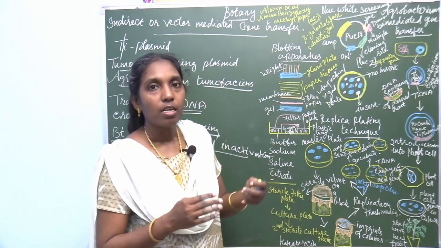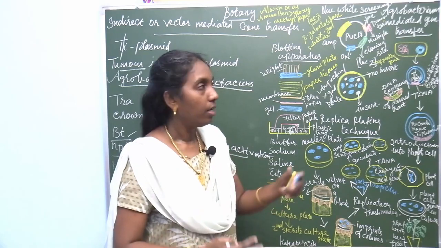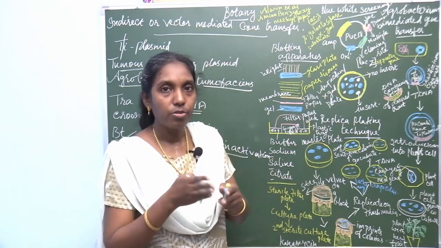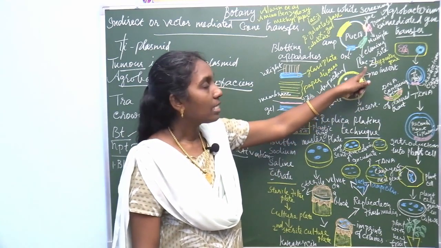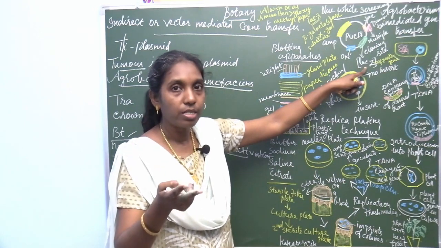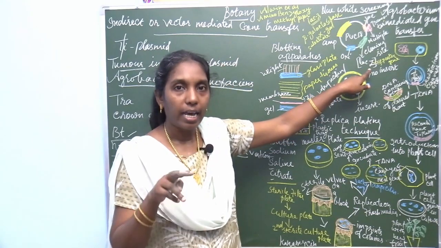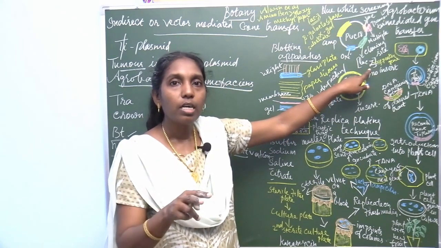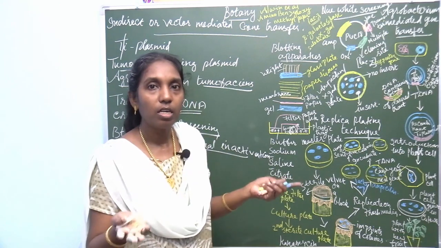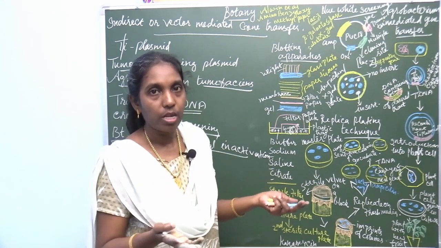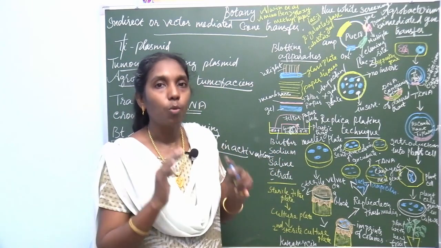As a result, blue and white colonies develop. How does it develop? When a foreign gene is introduced into it, any vector or any foreign gene introduced into the lacZ inactivates the activity of lacZ. When the lacZ gene is inactivated, it is not able to synthesize beta-galactosidase. So, the blue colored substance cannot be produced, and the colony is produced as white.